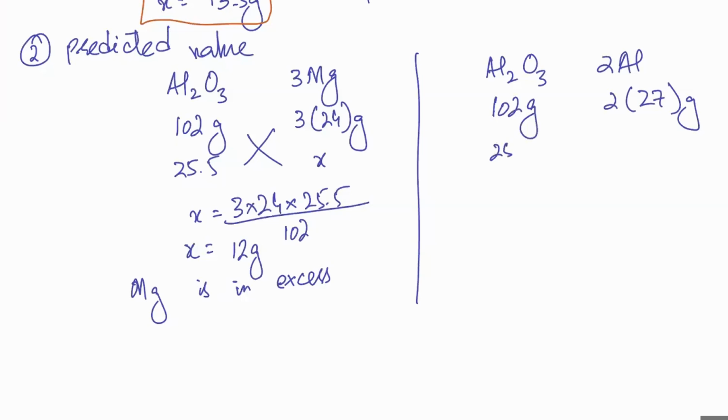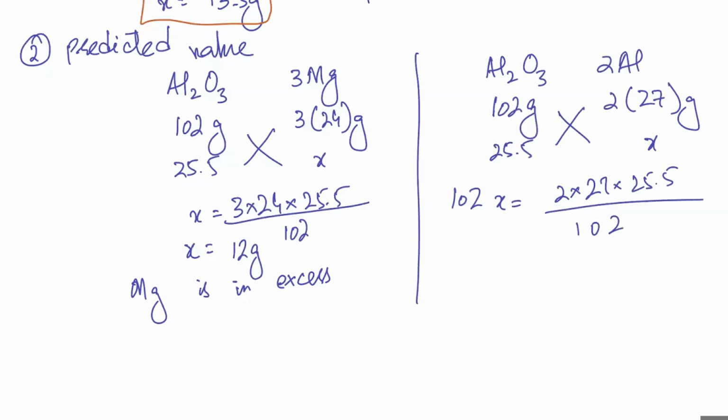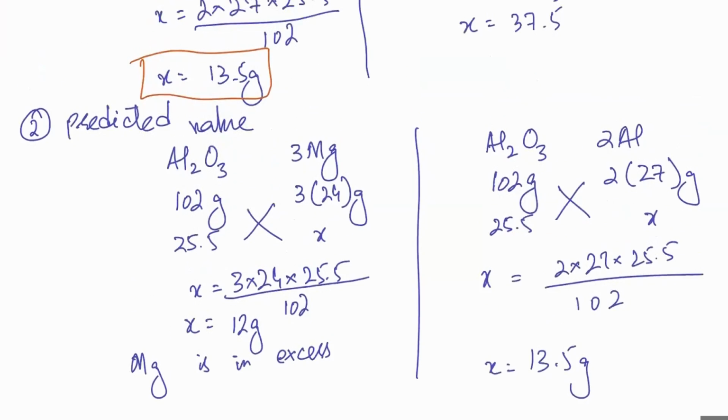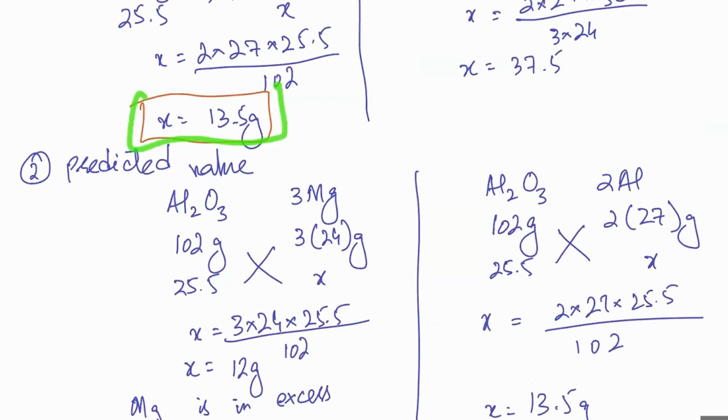So 25.5 will produce X. Cross multiply, 102X is equal to 2 times 27 times 25.5 divided by 102 हो जाएगा क्योंकि ये इधर से डिवाइड करेगा. So my answer will simply be 13.5 grams. And that's actually what I had earlier as well. Do you see it? Same answer. It all comes down to what you're more comfortable with.